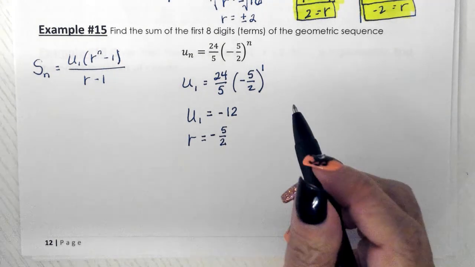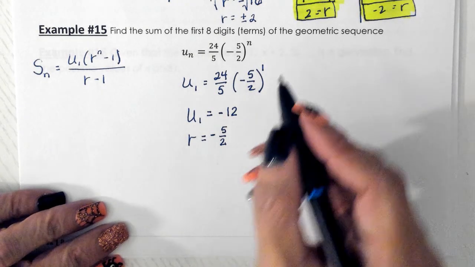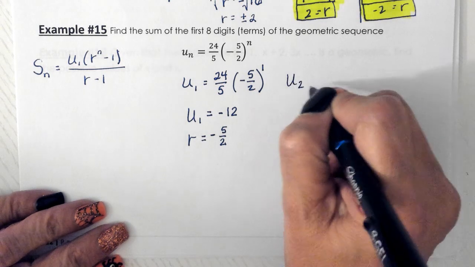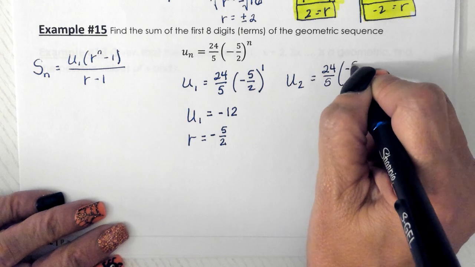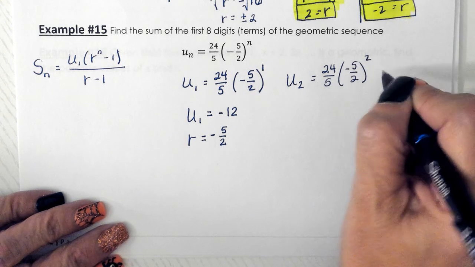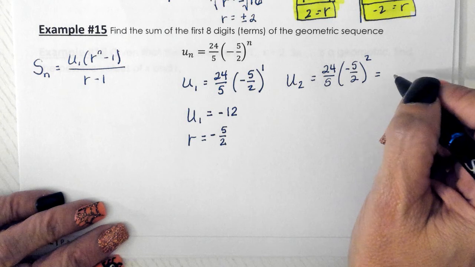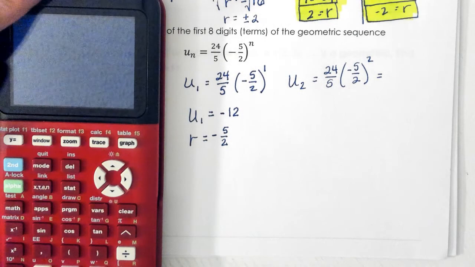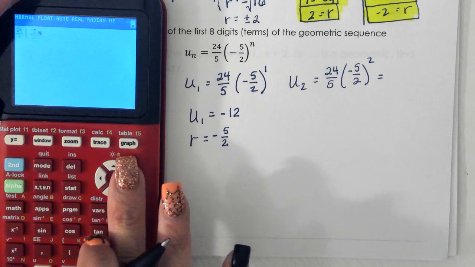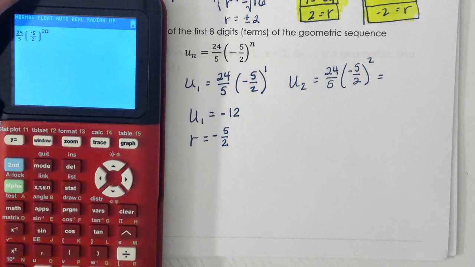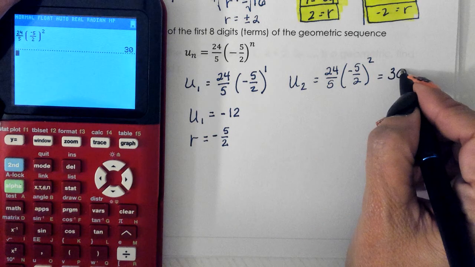If you didn't see that, what if you're like, well, I don't know what R is? Remember, you could have come over here and found U2. You could have done 24 over 5 times negative 5 over 2 to the second. Whatever that happens to be, this comes out to be 30.